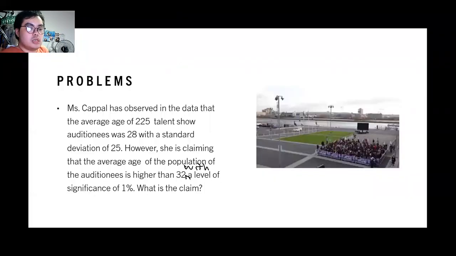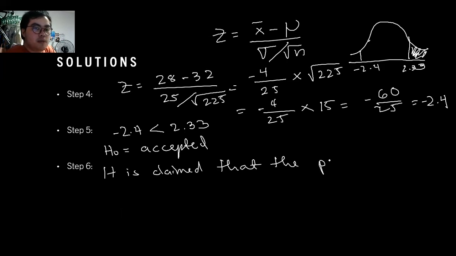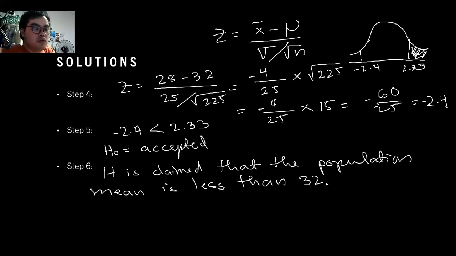The population mean is 32. That is what is indicated. The 32 corresponds to the population, while the 28 is associated with the sample. So the null hypothesis has been accepted. Since this is accepted, it is claimed that the population mean is less than 32.